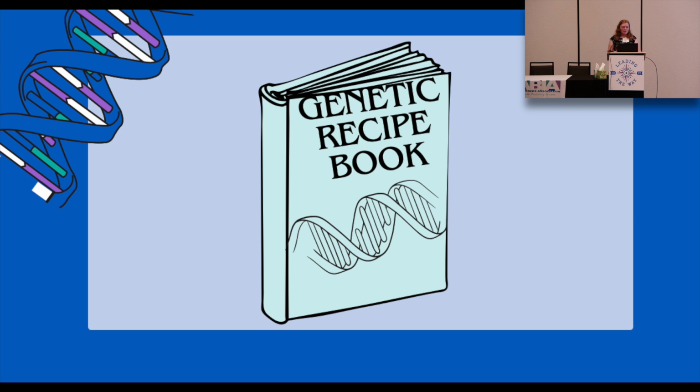Each gene we can think of as an individual recipe, and we have 2 copies of each of our recipes, which we have over 20,000 of in our books. While all humans share the same basic set of recipes, there are small variations in the ingredients or the instructions that make us unique, and in some cases can cause disease when there are changes or typos in the recipe that disrupt the final product or whatever you're trying to make.